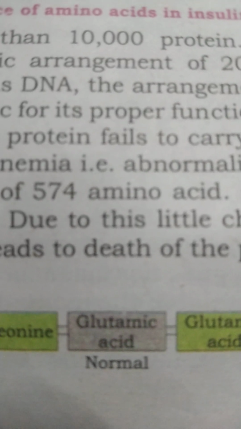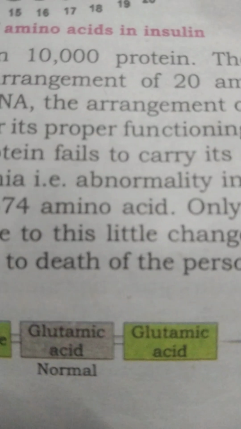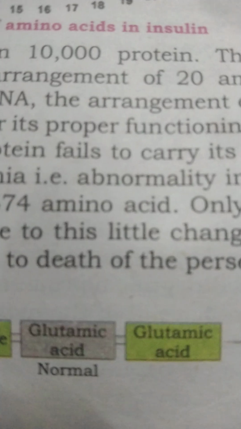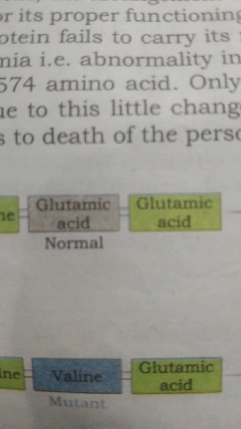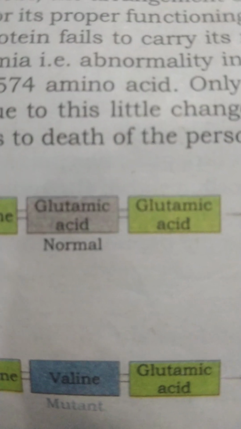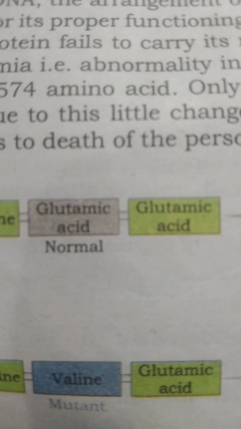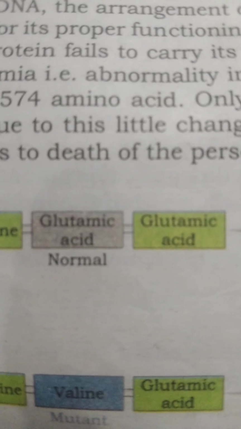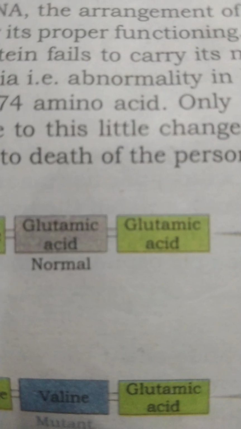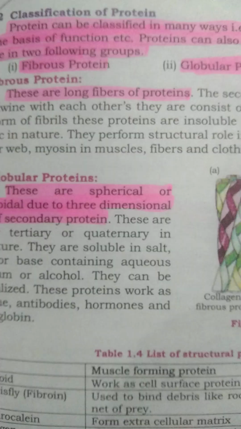When we see the chain, here is glutamic acid normal, but when the sequence is not formed, it will cause a birth disease like sickle cell. Now when we see valine instead of glutamic acid, it means the sequence is not formed correctly, and then it will be a birth disease.